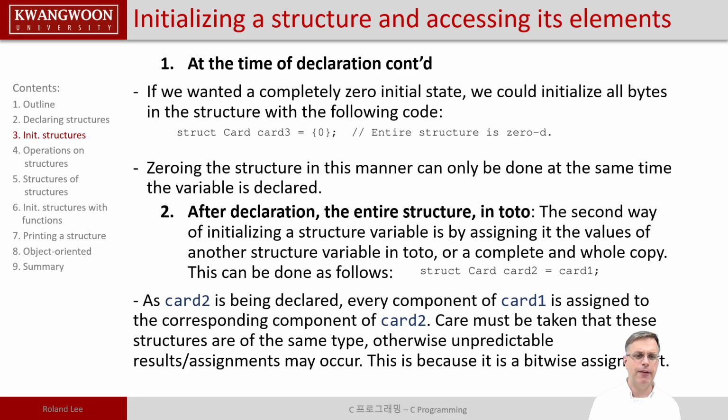The second way of initializing is by assigning one structure to another, the components of card 1 to the corresponding components of card 2. Care must be taken that these structures are of the same type, otherwise unpredictable assignment results may occur. This is because it is a bitwise assignment that assumes all of the components of each structure are identically positioned with padding within the structure type.